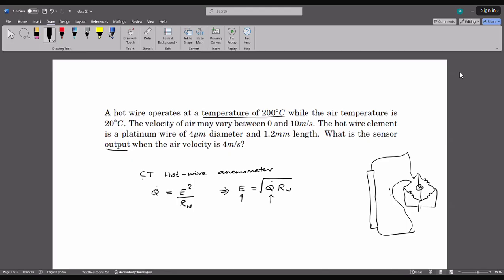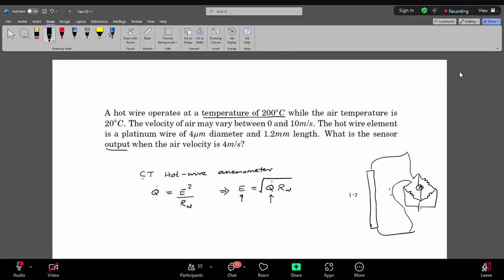So this wire has a length of 1.2 millimeter, and the diameter of the wire is 4 micron.